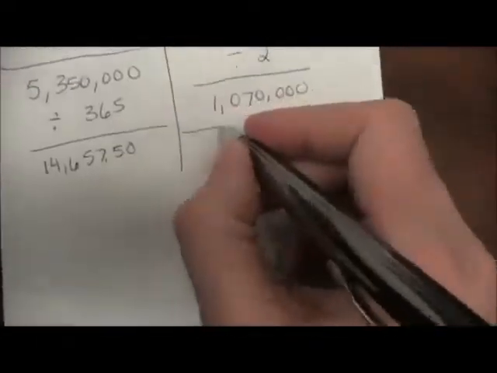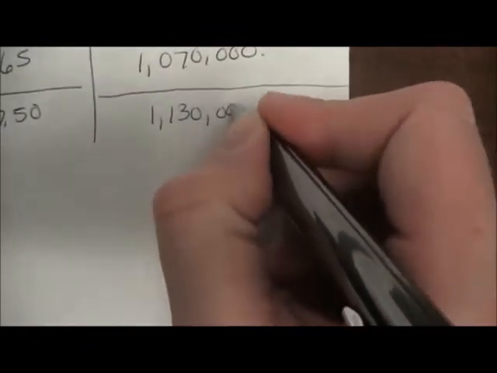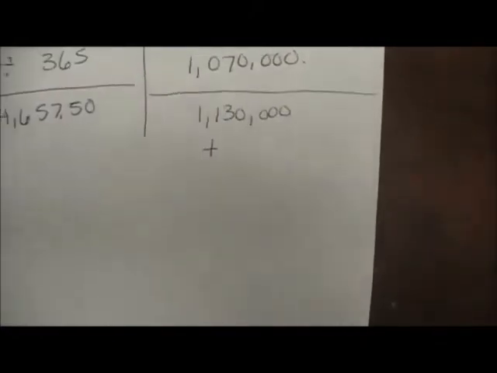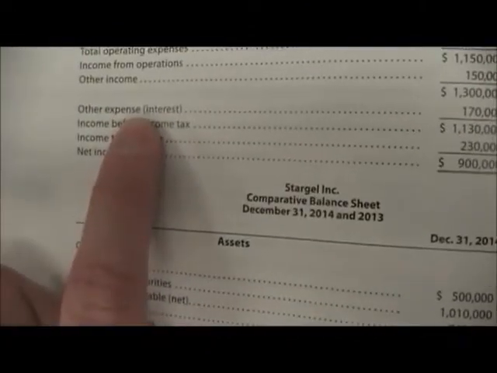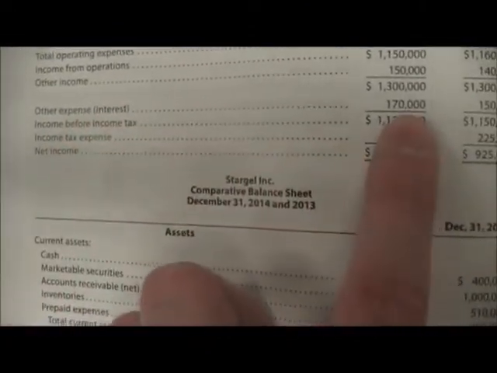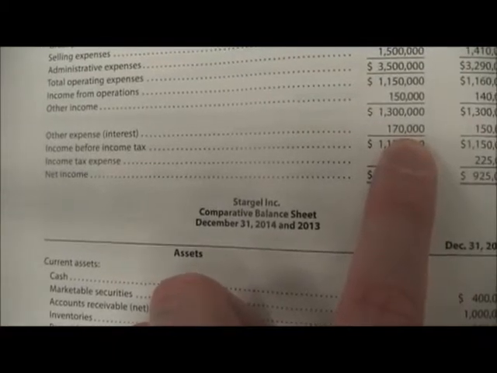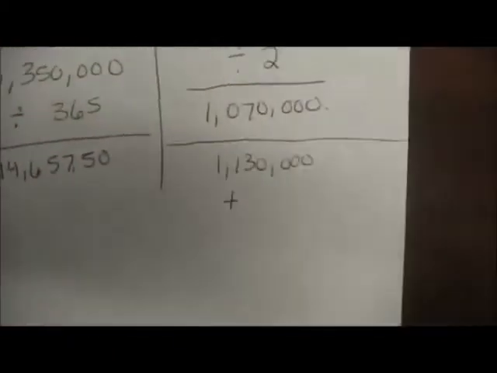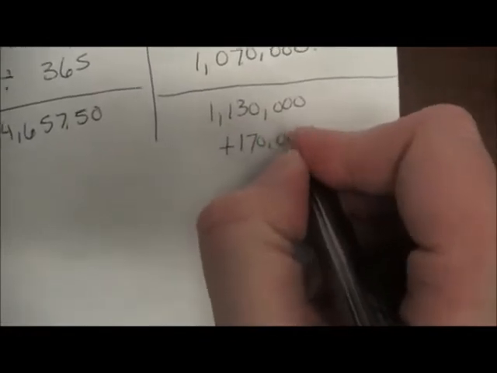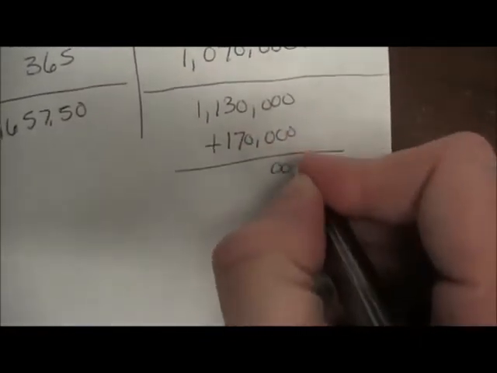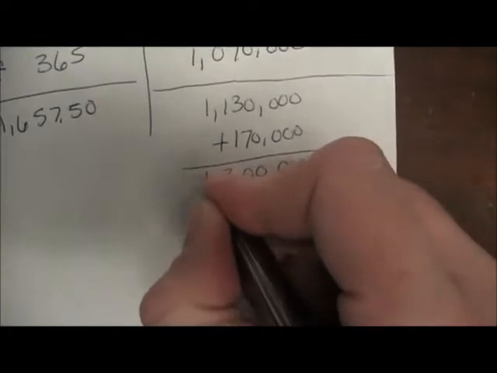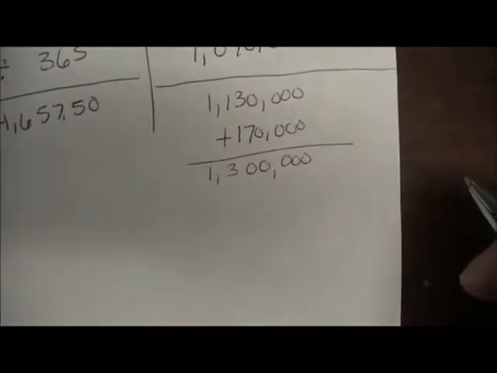So back on our scrap paper here, $1,130,000. We're going to add to that our interest expense, which we can also find from our income statement. It says other expenses interest was $170,000. So we're going to add to that our $170,000, and we get $1,300,000.